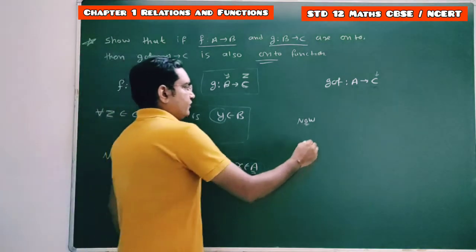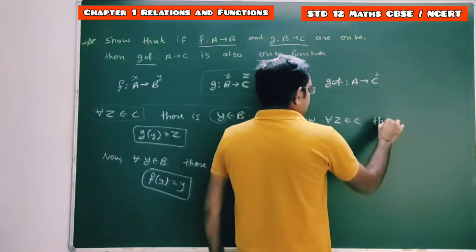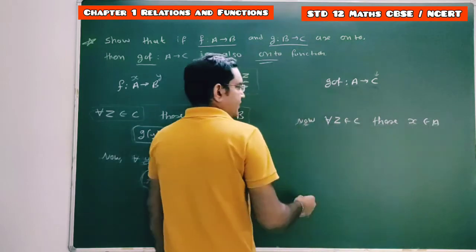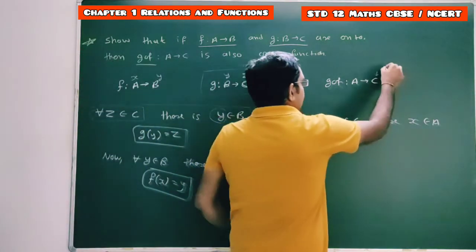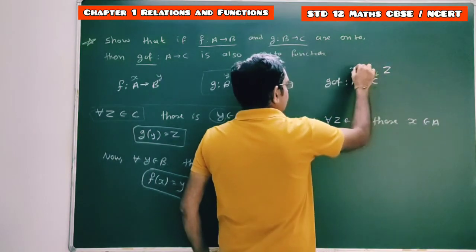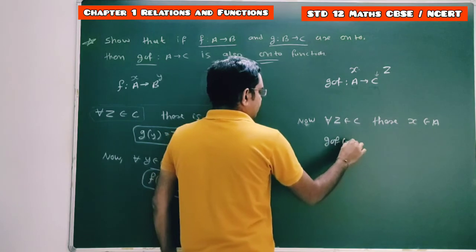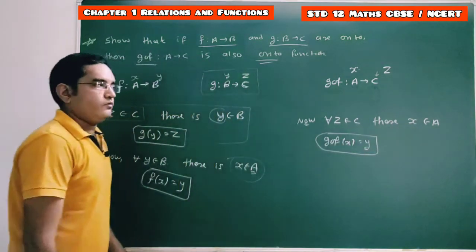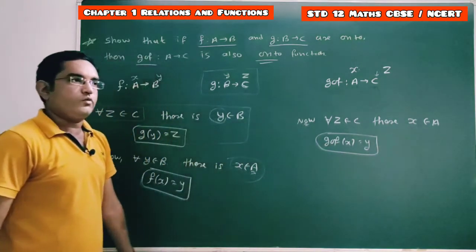Yes. So we can say for every z belongs to C, there is some x belongs to A, and therefore we can say GOF x equal to z, and hence we can prove this GOF x is an onto function.